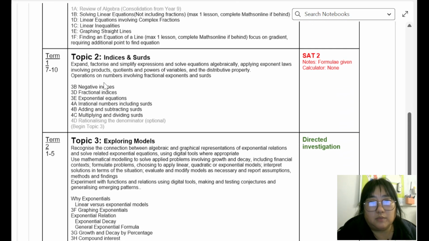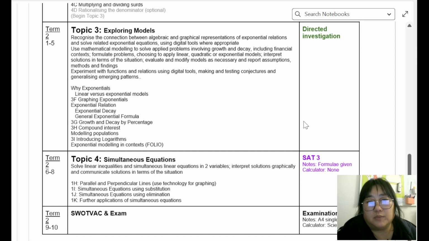In topic 2, they will study indices and surds, and formulas will be given, but no calculator. Topic 3 and topic 4 you can also find. They have some investigation for topic 3, and topic 4 we just do a test. Still we can have the formulas but no calculator.